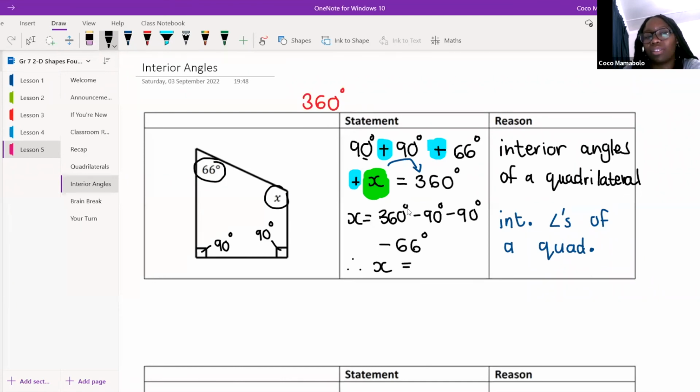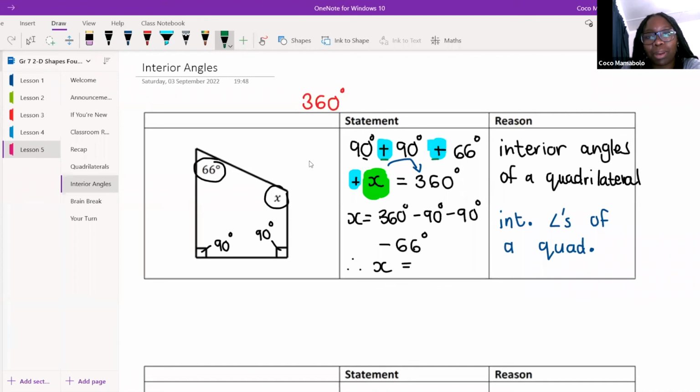See, that's not going to give us the correct answer. The reason why we're not going to get the correct answer is because a long time ago, I think about two months ago, we did inverse operations. And we said that if we want to send anything over the equal sign, if it's plus on this side, it needs to be minus on the other side.